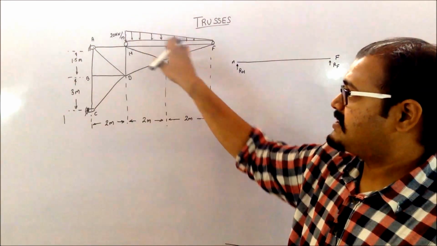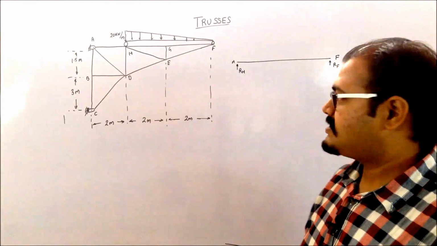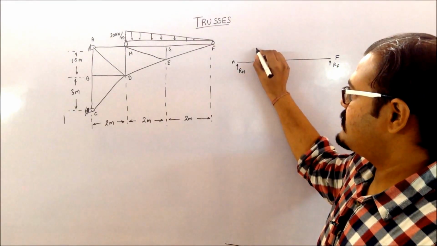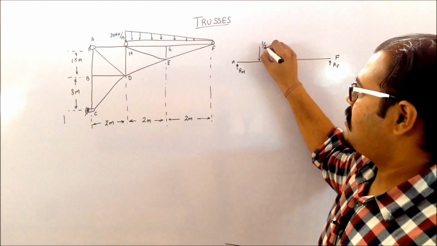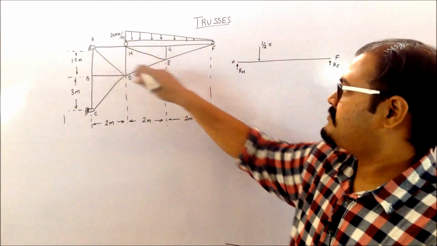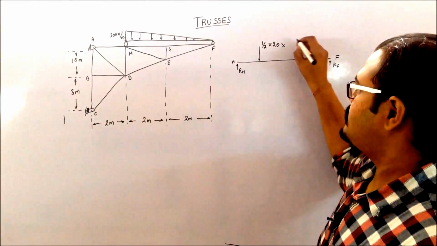Now I have to represent this UVL using a single force. We know that a UVL is represented by a single force which has a magnitude of half into the maximum value, that is 20, into the length, which is going to be 4.